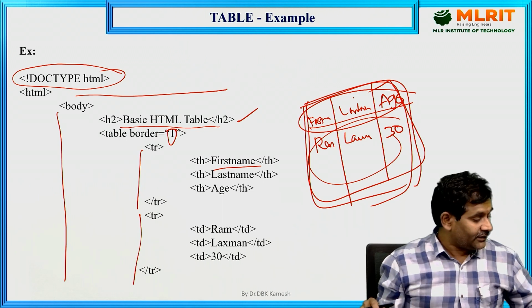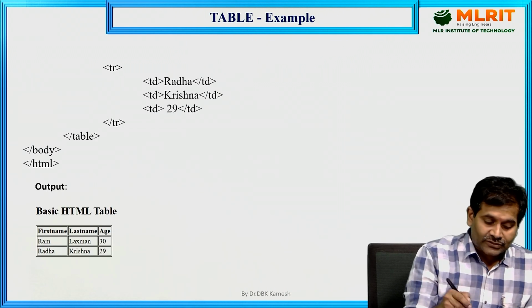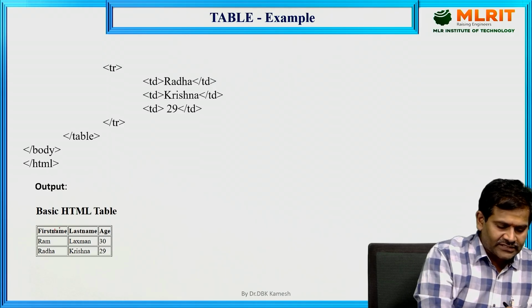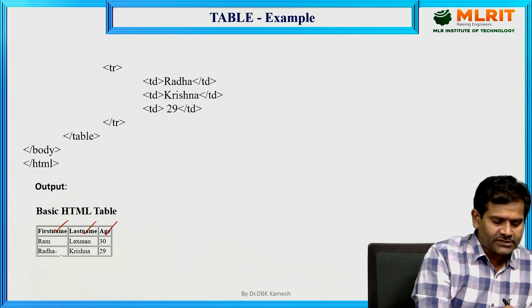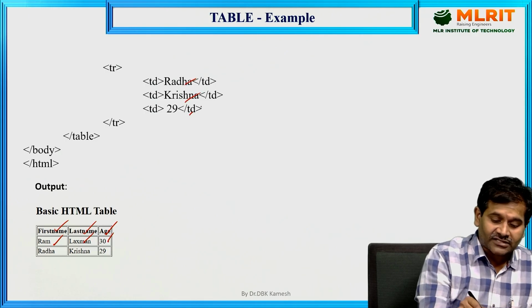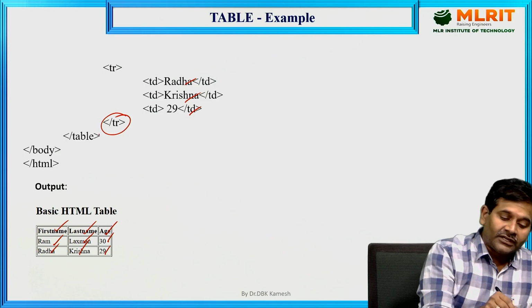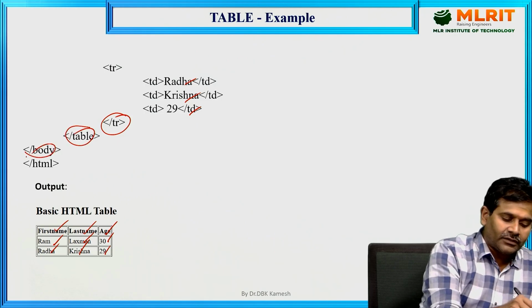Another row of data also has to be given: first name, last name, age, so Ram, Lakshman, 30 years, and next Radha Krishna, 29. Then table row close, table close, body close, HTML close.